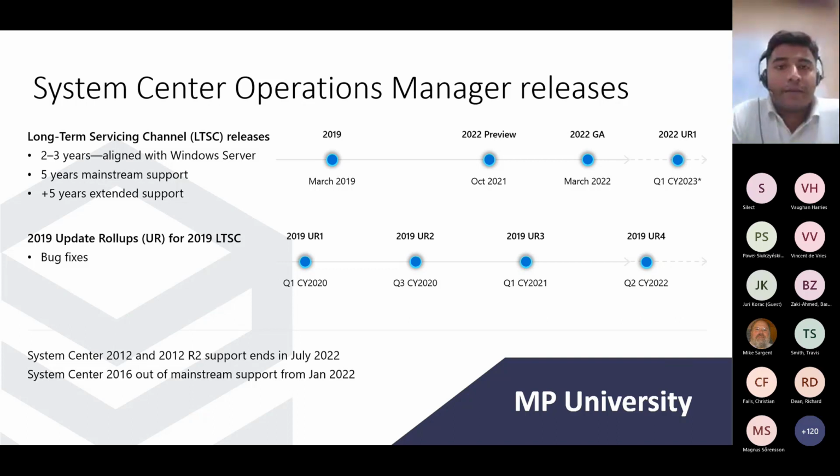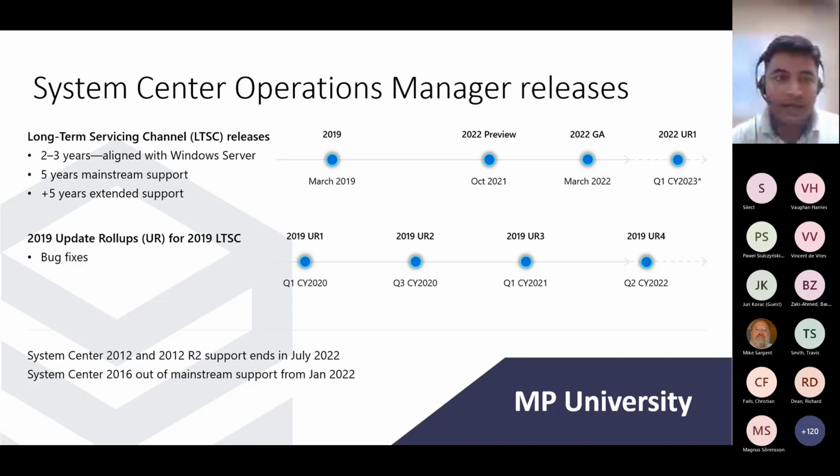We are going to patch it and provide updates, if not for major significant features, but we want to make sure we provide the latest and most important DCRs which customers have been asking for. I would highly encourage folks to upvote ideas on SCOM User Voice, SCOM ideas. As we know, there are two long-term servicing channels.